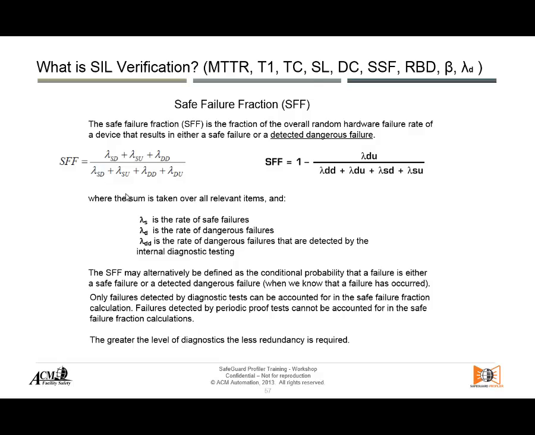One piece of equipment by itself will not be enough if it has more than 40% dangerous failure fraction, or less than 60% safe failure fraction. So safe failure fraction might alternatively be defined as the conditional probability that a failure is either a safe failure or a detected failure.